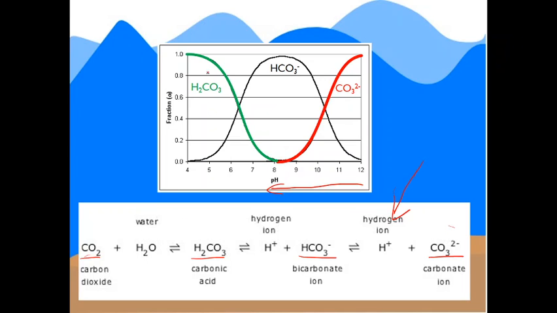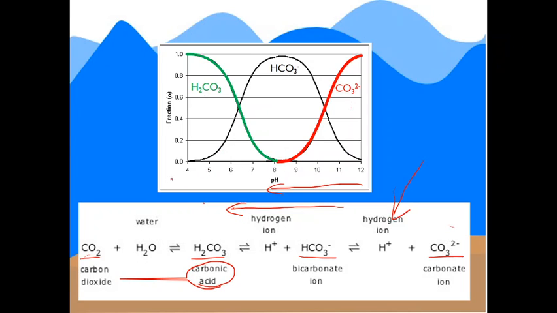Okay, and that's why we see these different species of carbon, the carbonic acid, bicarbonate, and the carbonate, being pH dependent. So let's go through that one more time. You add hydrogen ions, it lowers the pH, and it makes the equation go to the left, and then we're at a situation where most of the carbon species are at this carbonic acid.